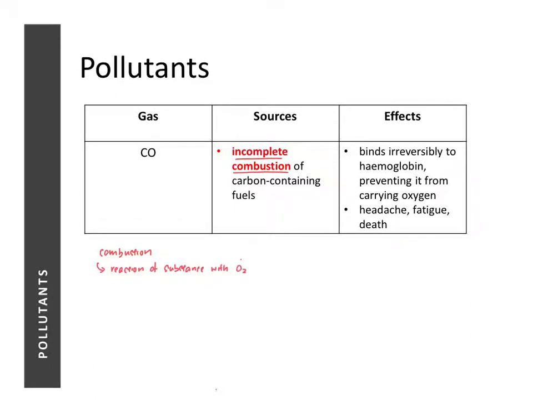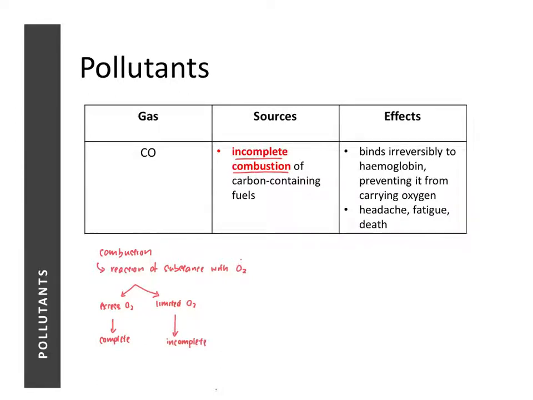In the event where we have excess oxygen, that means we have a lot of oxygen present, and the other scenario is where we have limited, not enough oxygen. Now, when we have a lot of oxygen present, the combustion will be complete. And when we have limited O2, we would have incomplete combustion.